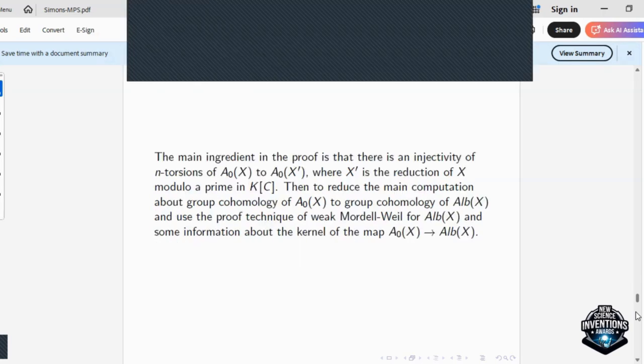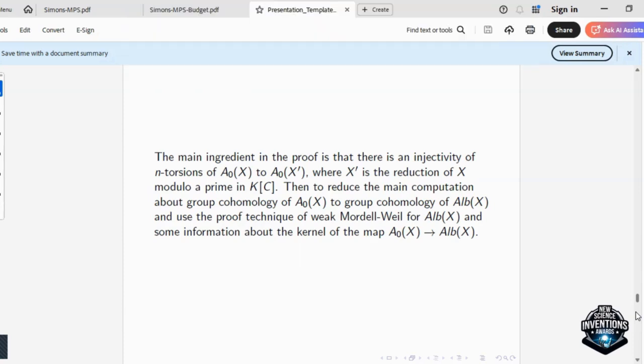The main ingredient in the proof is that the n-torsion of A0(X) to A0(X'), where X' is the reduction of X modulo a prime in the coordinate ring of C, is injective.